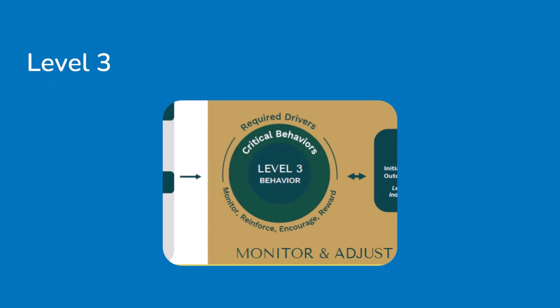And then accountability, dashboards and work reviews. So again, Kirkpatrick emphasizes that you cannot do one-off training and then hope and pray that things will change. You have to support these critical behaviors with these required drivers to ensure that change in behavior.